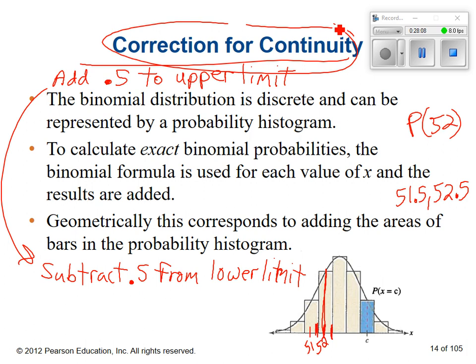Now the other thing you have to remember as you're doing this, if we're punching in our calculator and we're putting in negative 10,000 down here, we don't have to subtract anything from that because we're just making up an arbitrary end down here. But if we're going up to 25, then we have to add 0.5 to that, so we're going to go from negative 10,000 all the way up to 25.5.